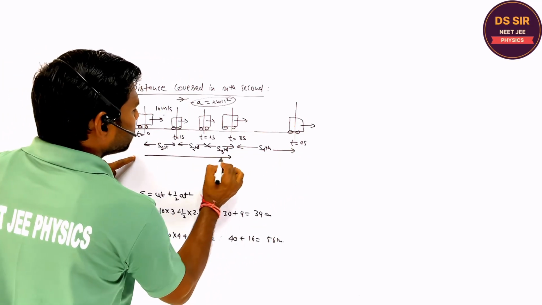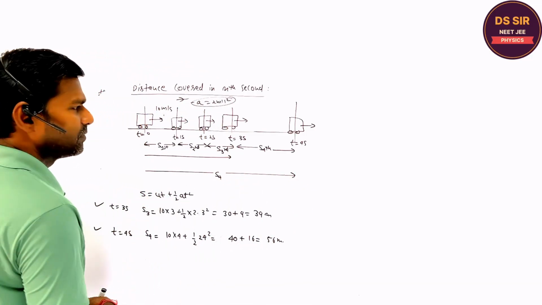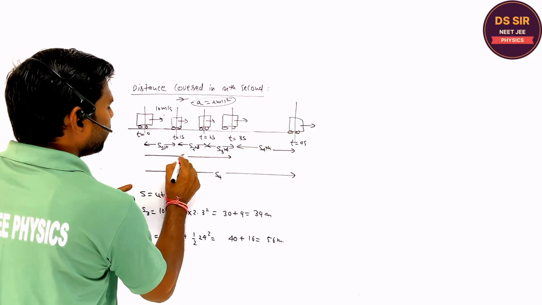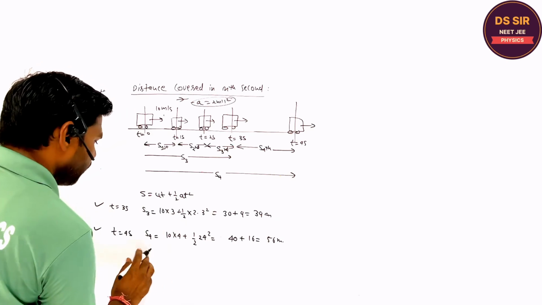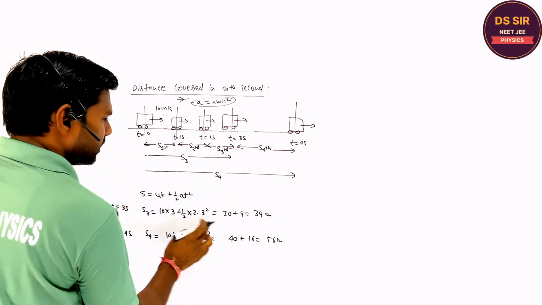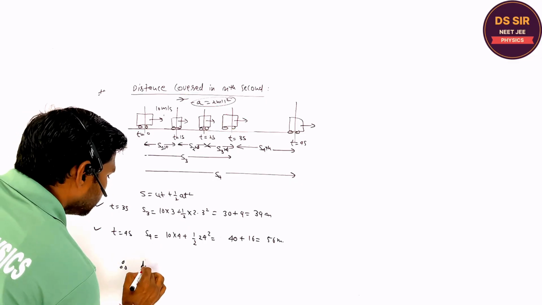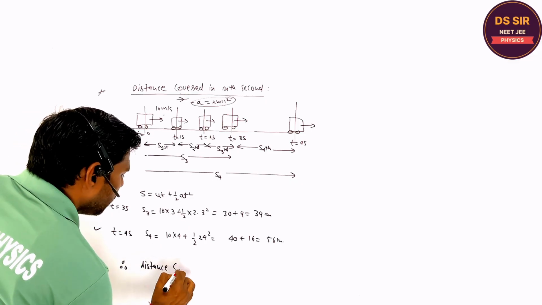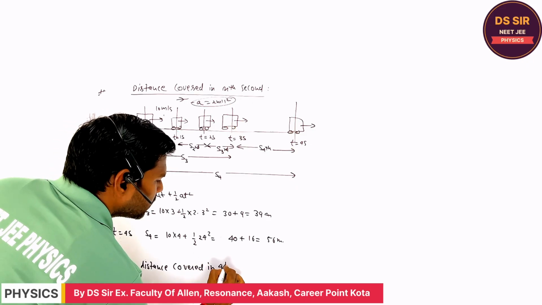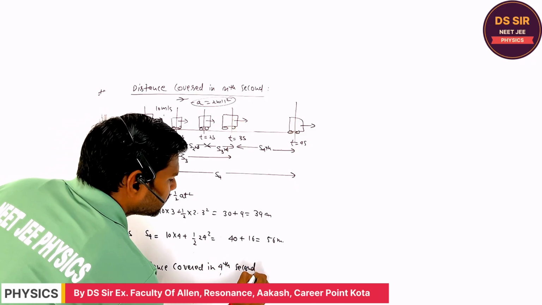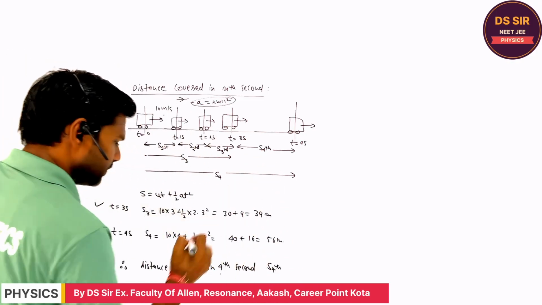You have to find first the distance covered in 4 second and you have to find the distance covered in third second. So what is the total distance covered in 4 second? This. Third second is this. Therefore, distance covered in fourth second is nothing but S4th, right?